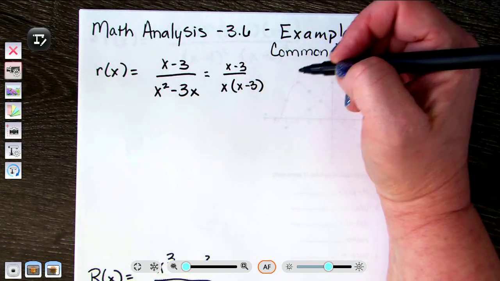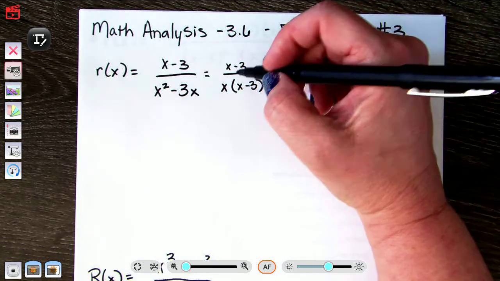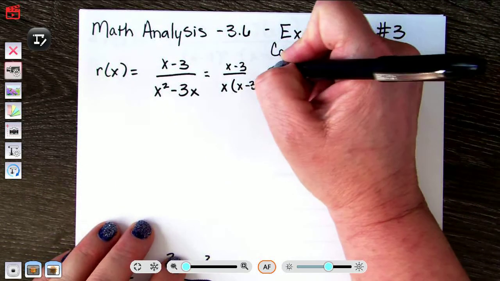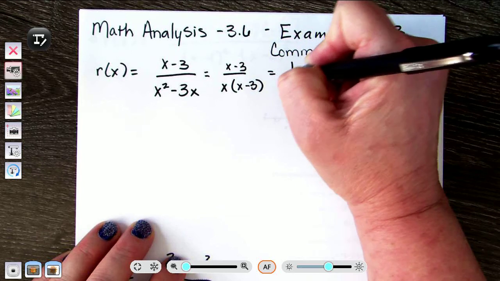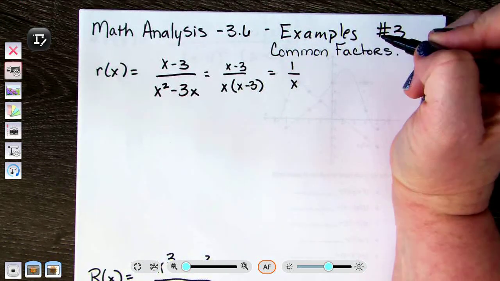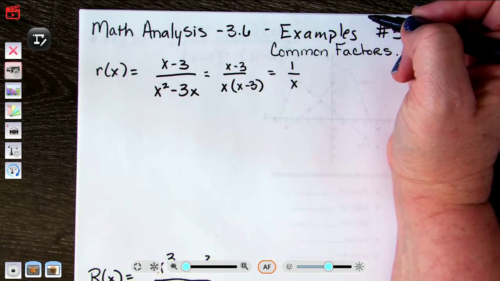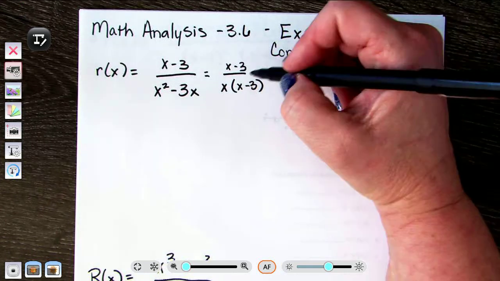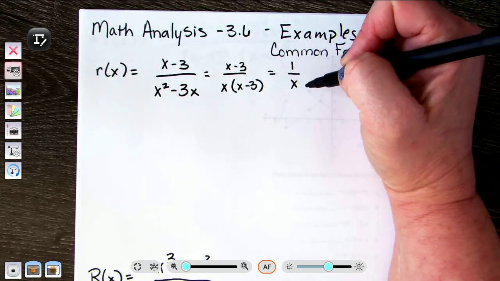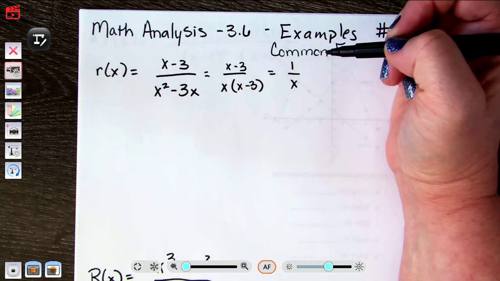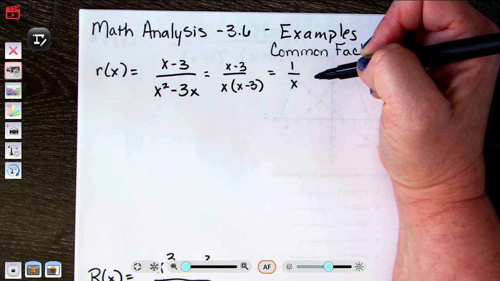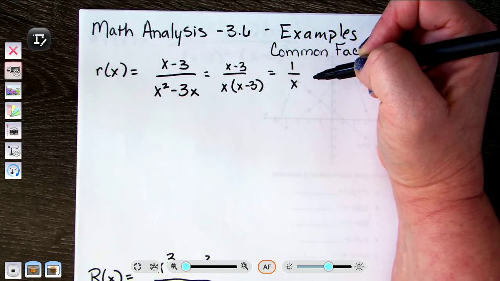Now algebraically we would normally cross those two things out and say that this is equal to 1 over x. However, we have to be a little bit careful because these two are not exactly the same. They are exactly the same except they don't have the same domain.